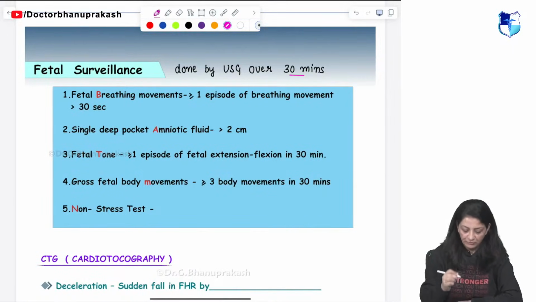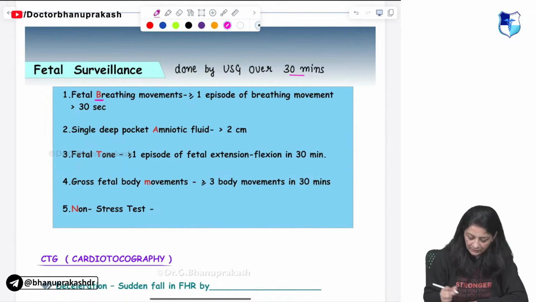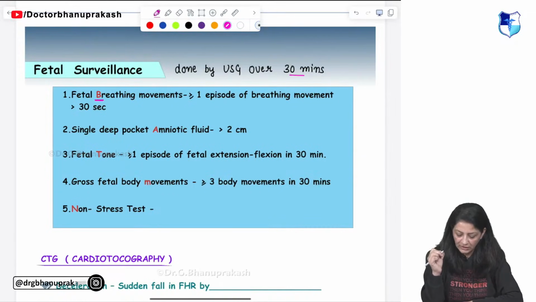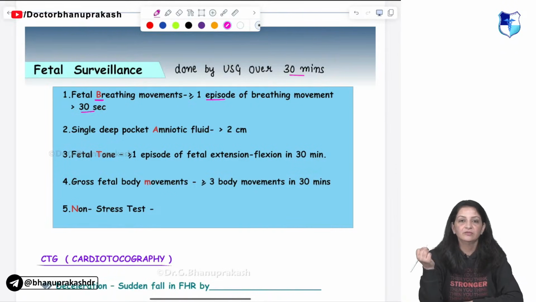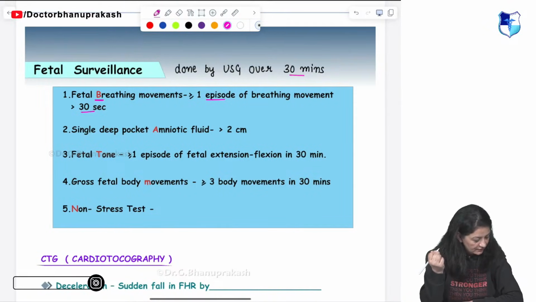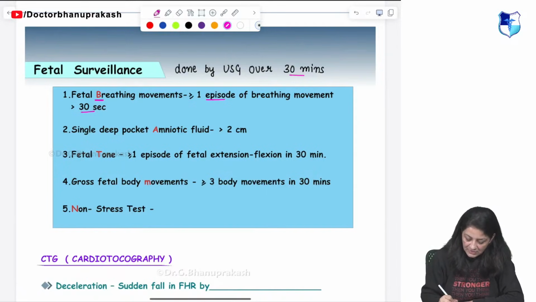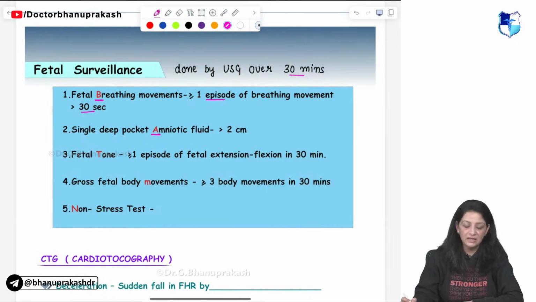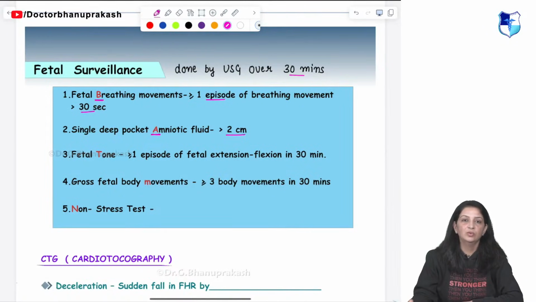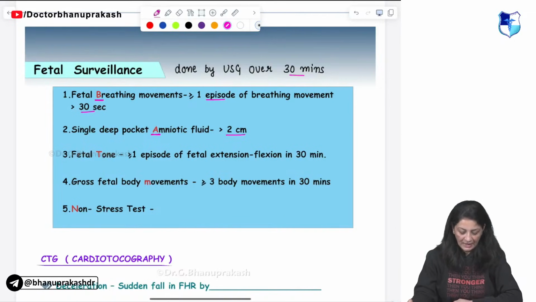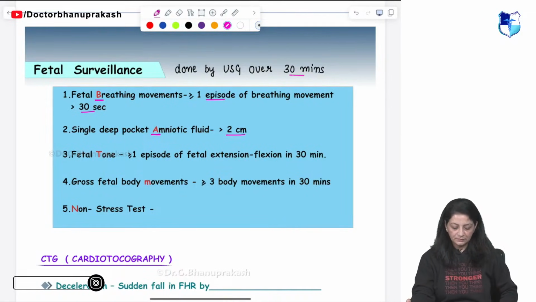So first, fetal breathing movement: more than one episode of fetal breathing for more than 30 seconds. A means amniotic fluid. So single deep pocket amniotic fluid should be more than 2 cm. And fetal tone.